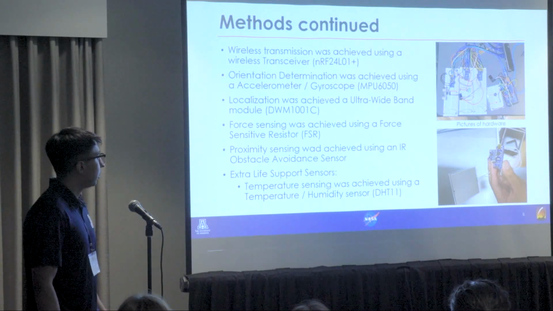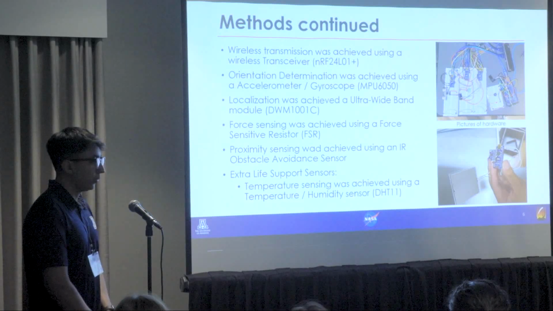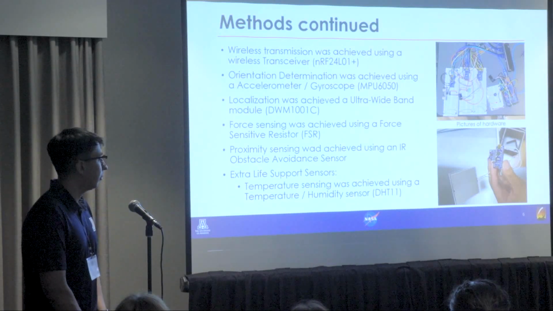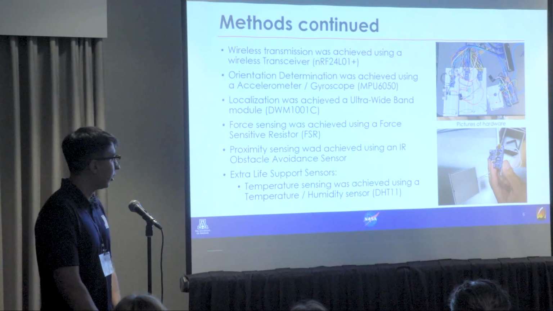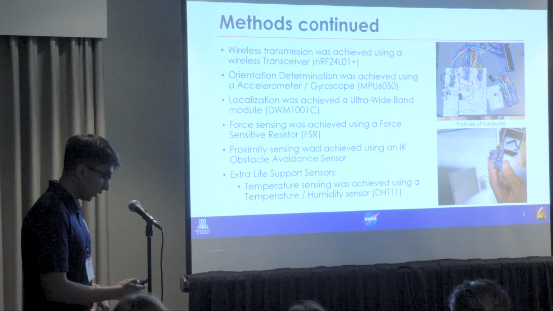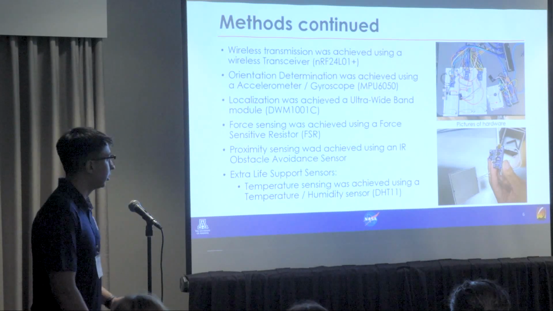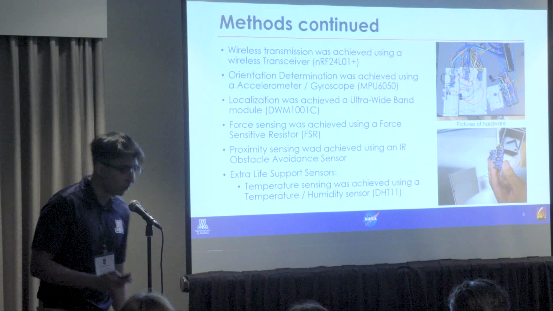The force sensing was achieved using a generic force-sensitive resistor. Proximity was done with a simple IR obstacle avoidance sensor, and there were some extra life support sensors that I included just for the fun of it: a temperature sensor, which used a DHT11.